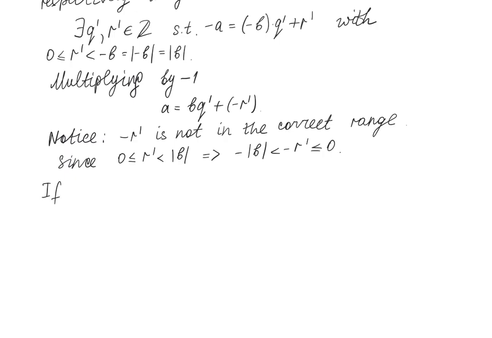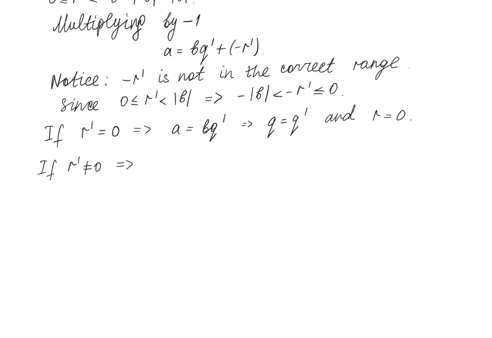If r prime is 0, then no problem. A is b q prime, and in our case q is being q prime and r is being just 0. If r prime is non-zero, then we can set q to be q prime plus 1 and r to be minus r prime minus b.